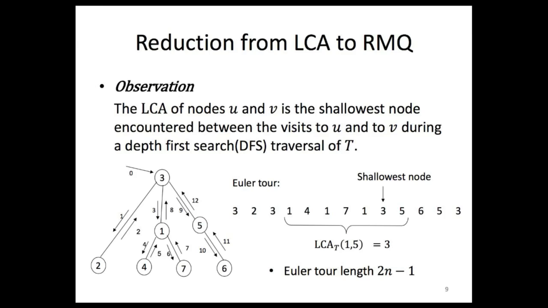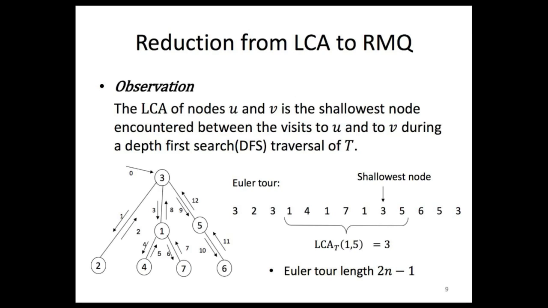The Euler tour is basically a depth first search, and every time you visit a node, you write it down. So in this case, you start at the root node, so you write down 3. You go down, you write down 2, and then you come back up and you write 3 again. And then you go to the second child node and you write its DFS in the same way.